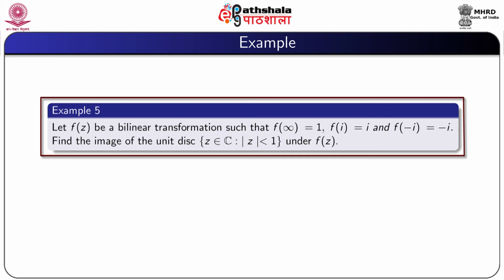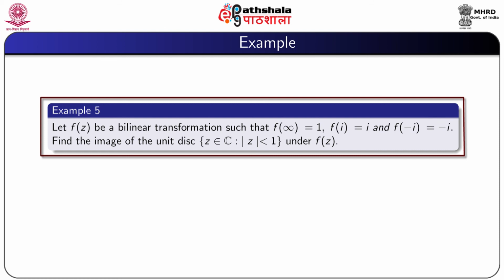So, another example: let f(z) be a bilinear transformation such that f of infinity equal to 1, f of i equal to i and f of minus i equal to minus i.